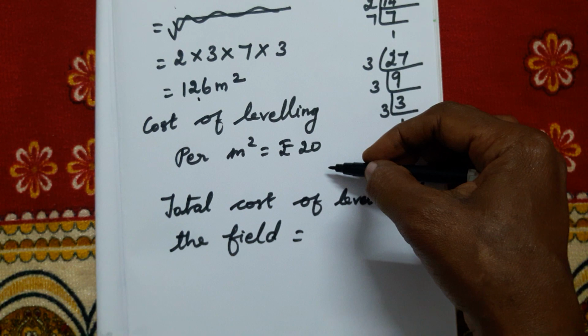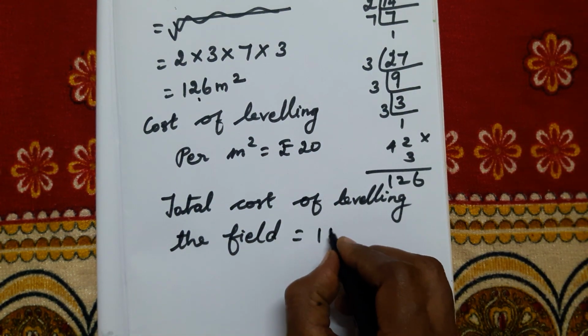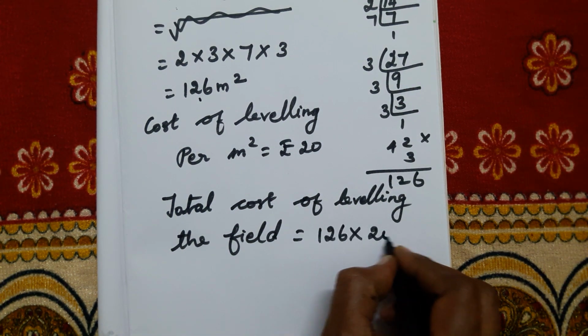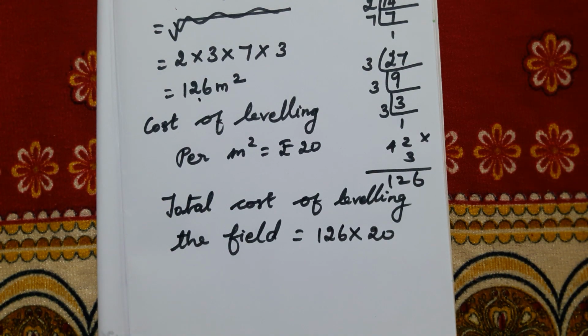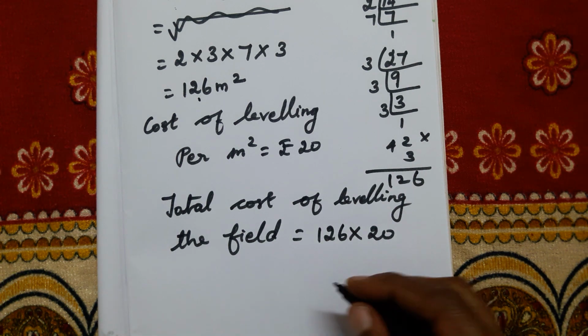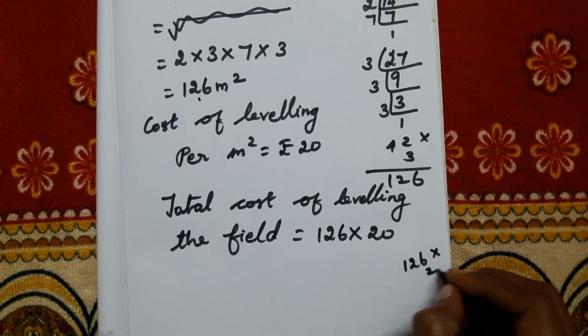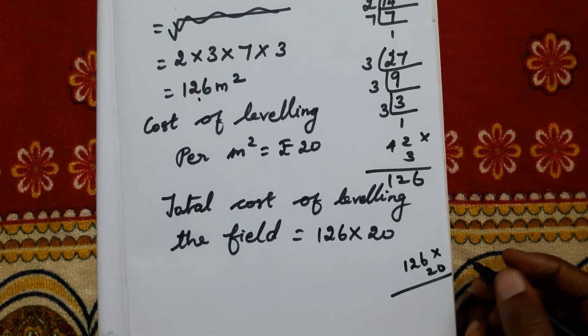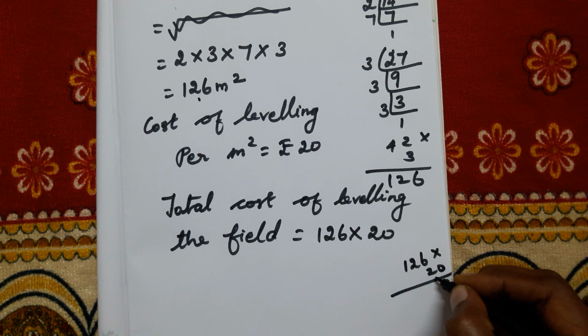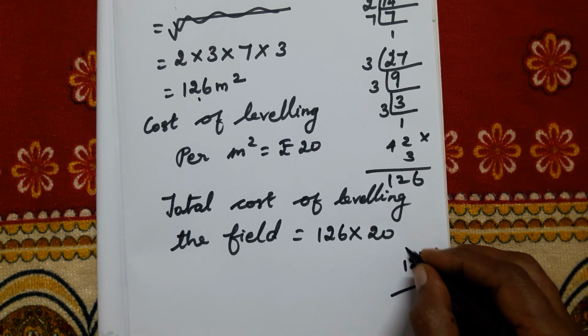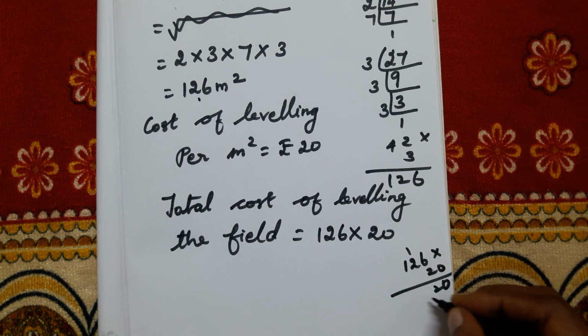We have to multiply both: 126 into 20. 6 twos are 12, 1 balance. 2 twos are 4, 4 plus 1 is 5. 1 two is 2.